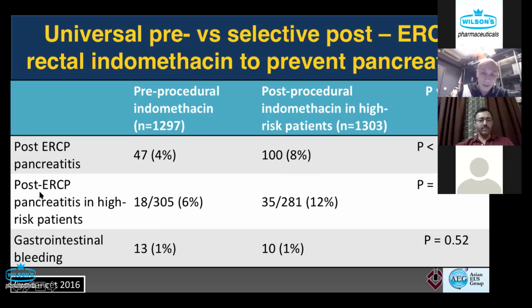And in the high-risk group, from 12% to 6%. And this is almost significant. So meaning that instead of giving it selectively, perhaps we should give all patients undergoing ERCP pre-procedure indomethacin. And given that the drug is actually not very expensive, I think this is also a reasonable strategy.